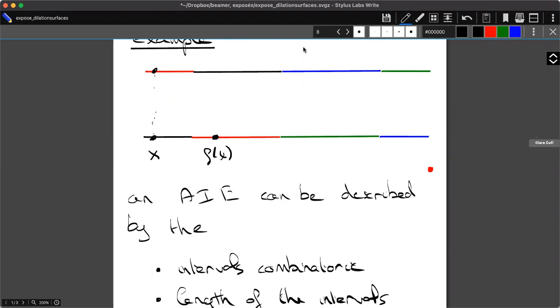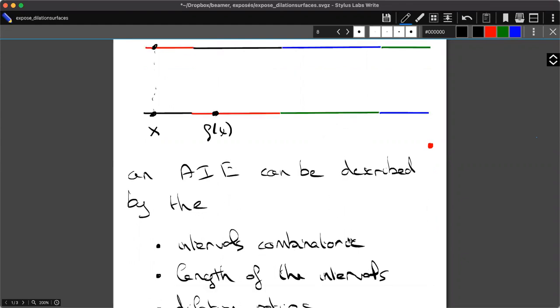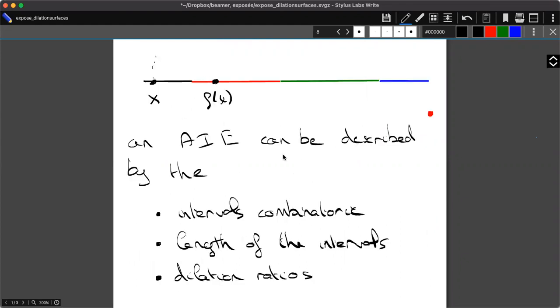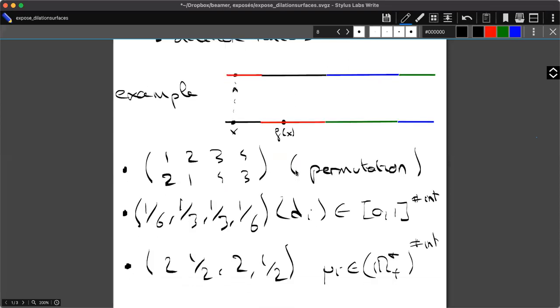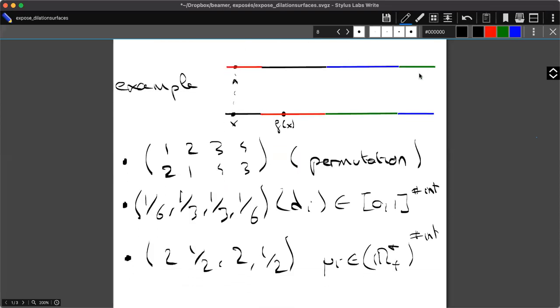Now with this kind of representation, it's easy to see that an affine interval exchange, which I will abbreviate from now on as IE, can be described completely by the interval combinatorics, the lengths of the intervals, and the dilation ratios of the intervals. In the example that I've shown you, we have 4 intervals and a way to permute them.